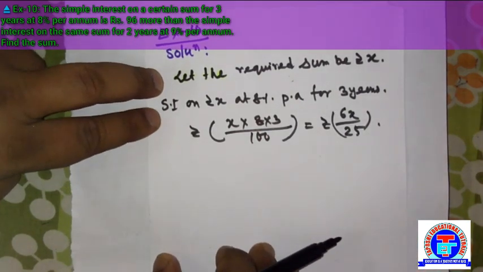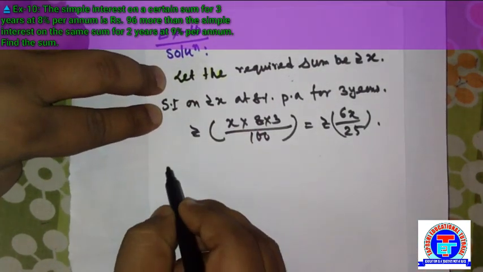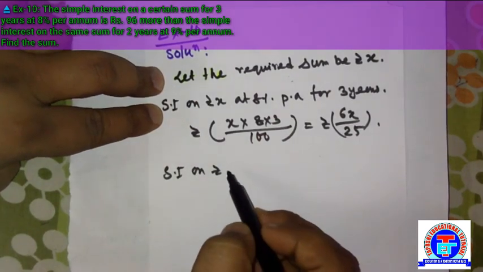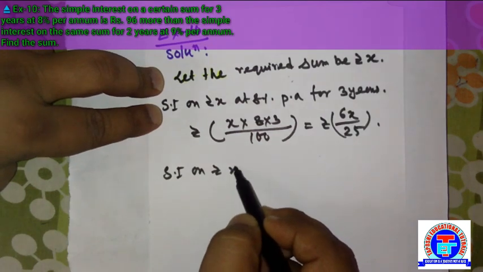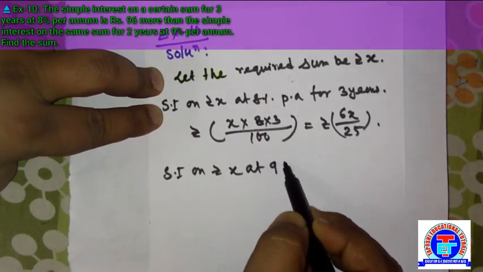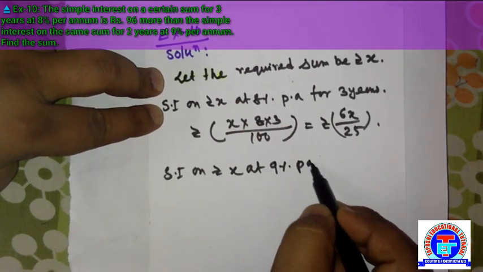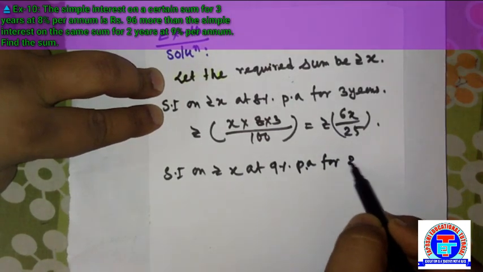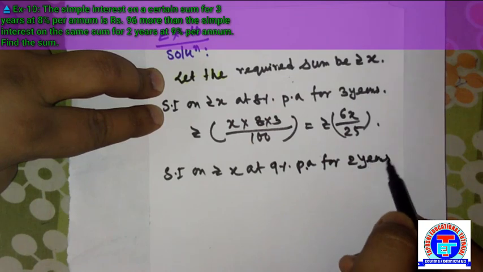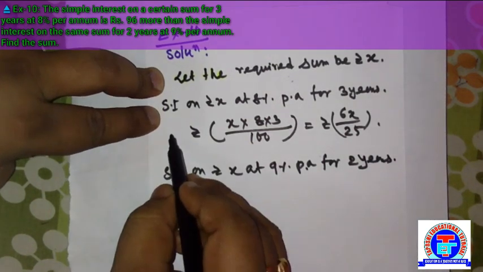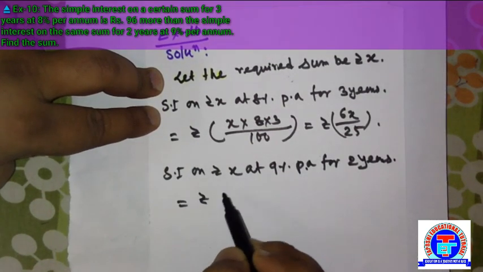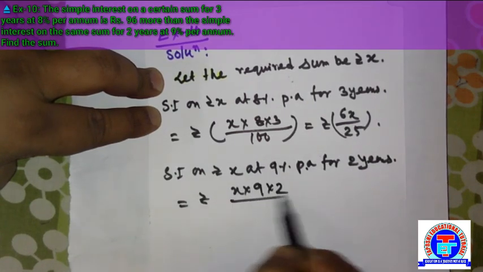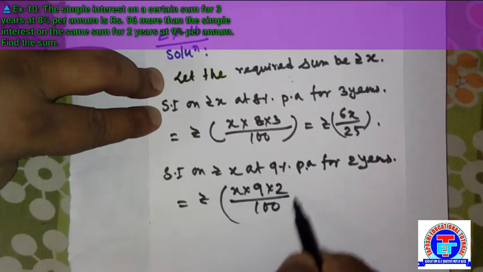Correct. Now simple interest on rupees x at 9% per annum for 2 years will become rupees x into 9 into 2 by 100.